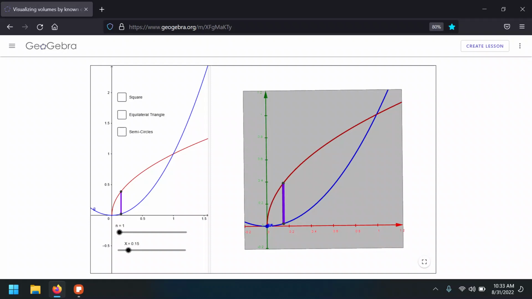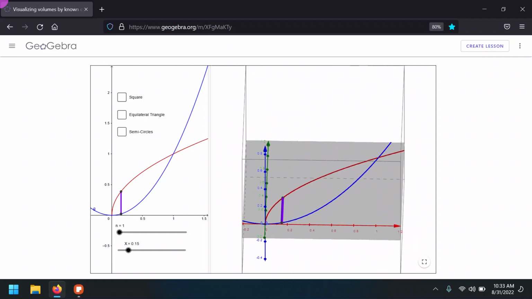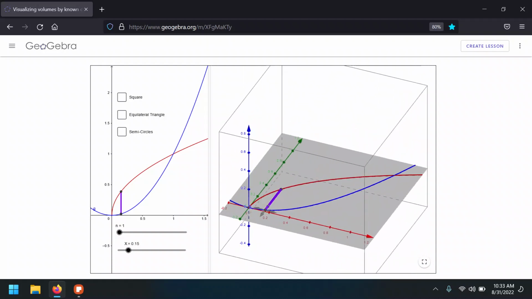However, in this case, how about not rotating, but rather chopping this region of integration into squares. We need a 3D perspective over here so you can see what I'm talking about.